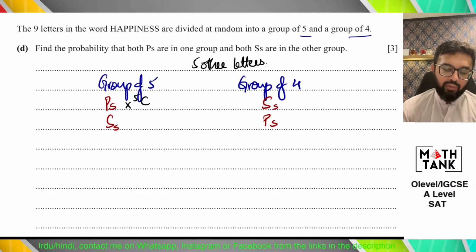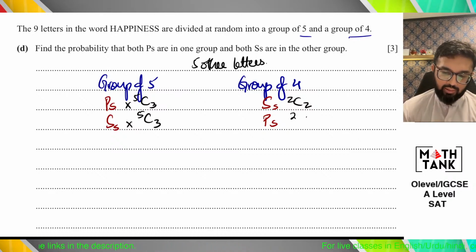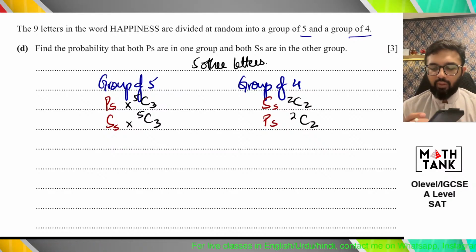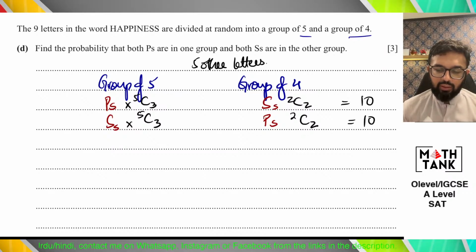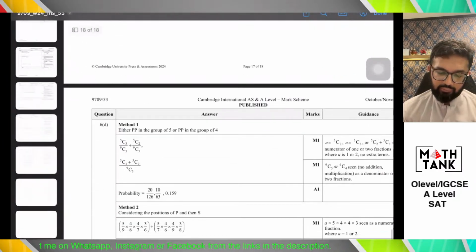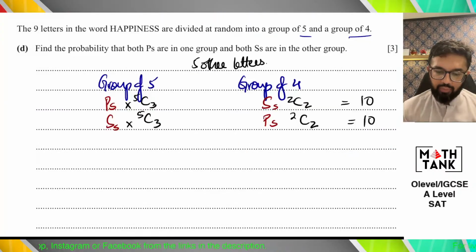Okay, so that's going to be 5C3 and 2C2, and again 5C3 into 2C2. 10, 10 as well. 20. Okay, yeah. 20 is the count.